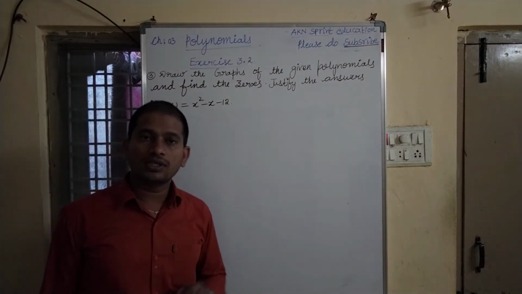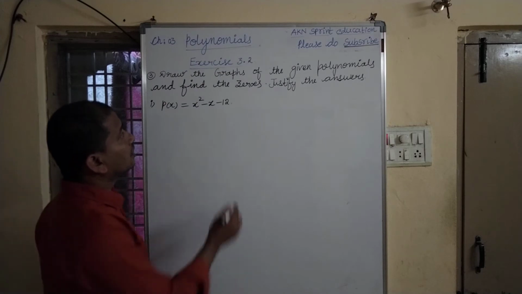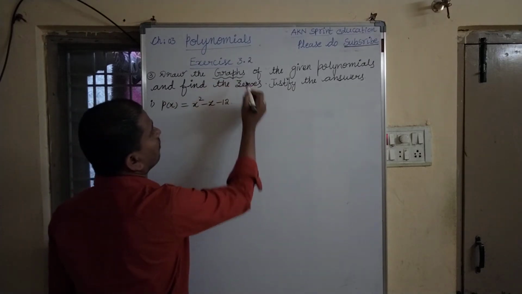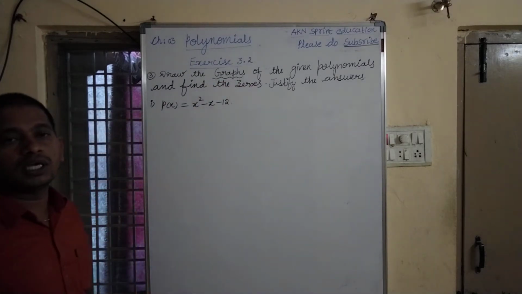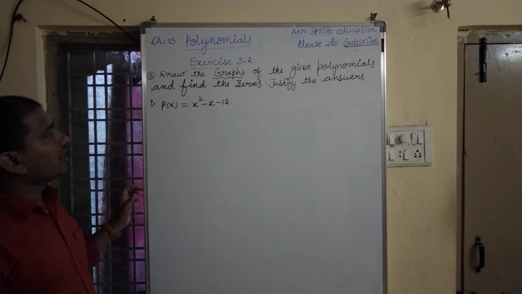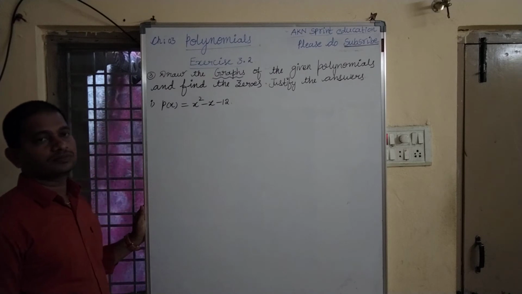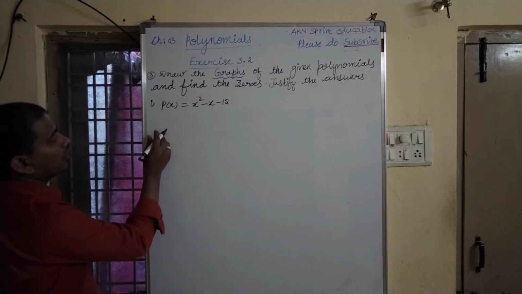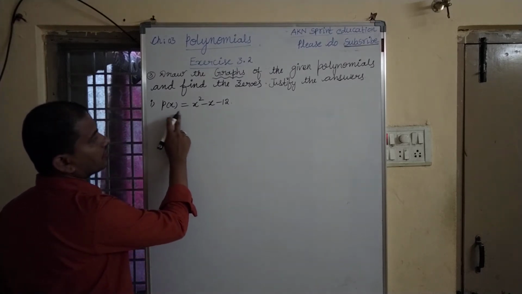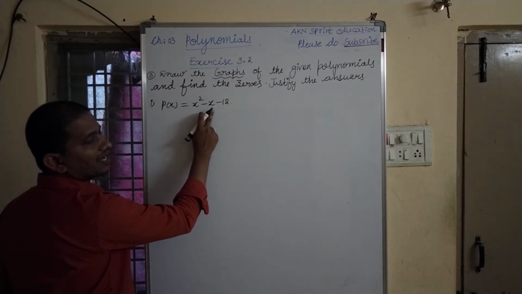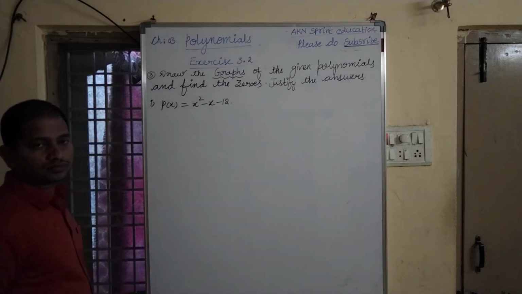Justify the answer. We have to draw graphs of the given polynomials and find the zeros. Justify the answer. Okay, so the given polynomial is p of x equal to x square minus x minus 12.